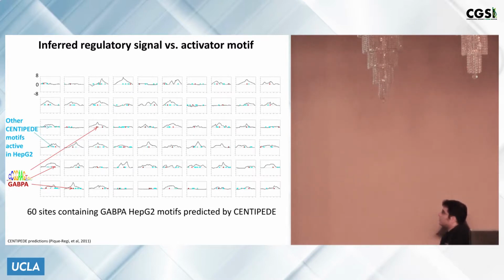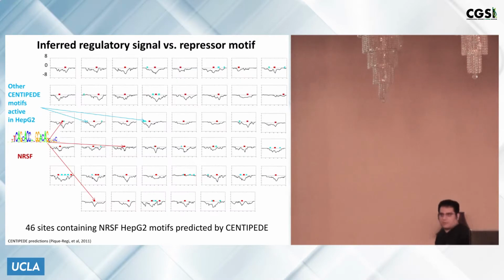You can notice that it's usually above average. Sometimes it peaks over that regulatory motif. Now this especially contrasts if we look at another motif, in this case NRSF, which is a known repressive motif, in red. And you can quite often see this dip of activity under where that NRSF motif is sitting. And again, we made this inference independent of knowing the NRSF motif or the specific DNA sequence.